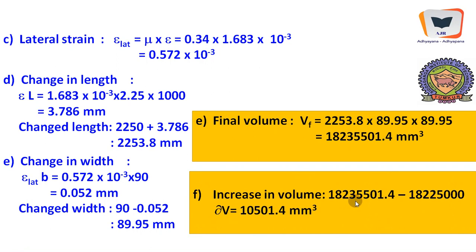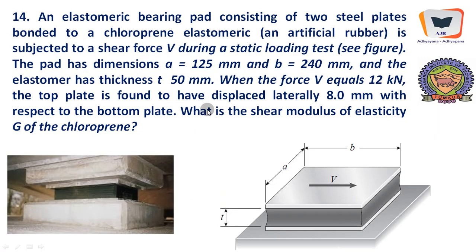Therefore, the increase in volume is the increased volume minus the original volume, which gives us 10,501.4 millimeter cube. Therefore, when a component is elongated owing to a tensile force, its volume increases a bit. And we will take on the concept of volumetric strain in the further tutorials.